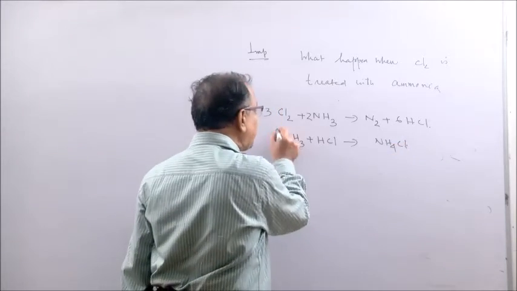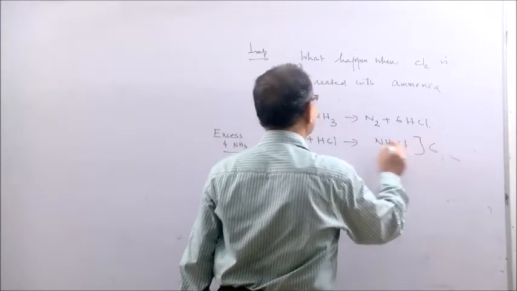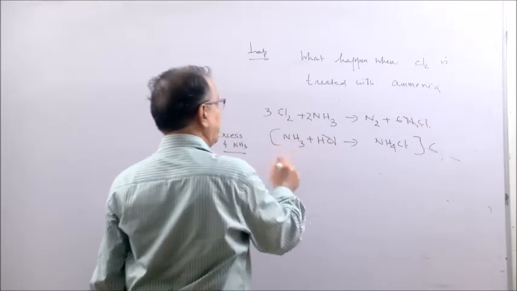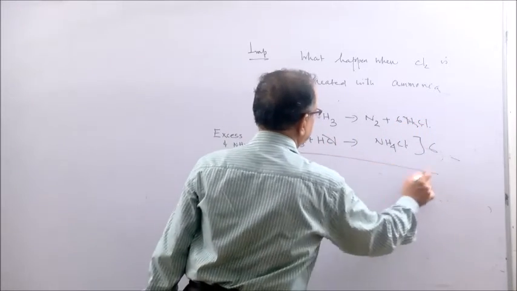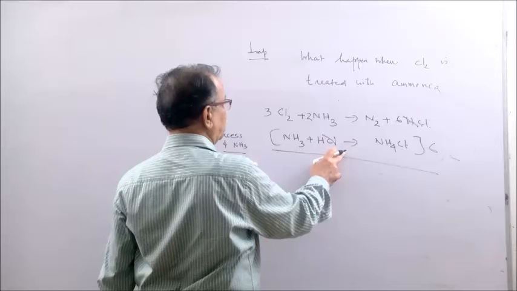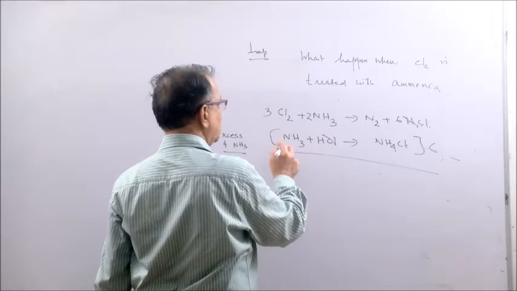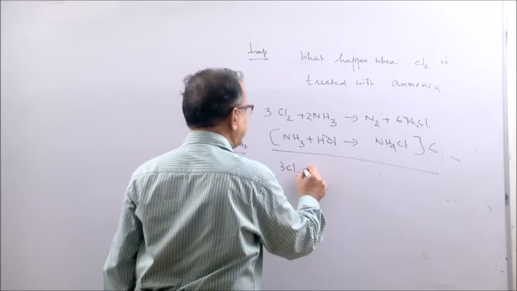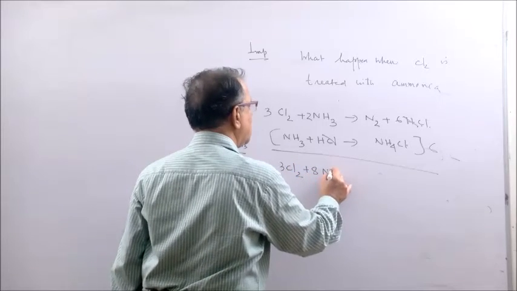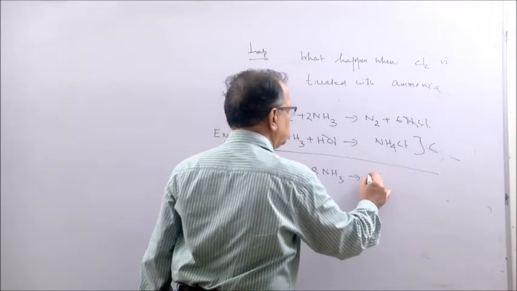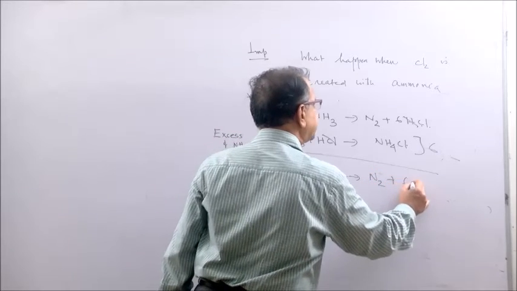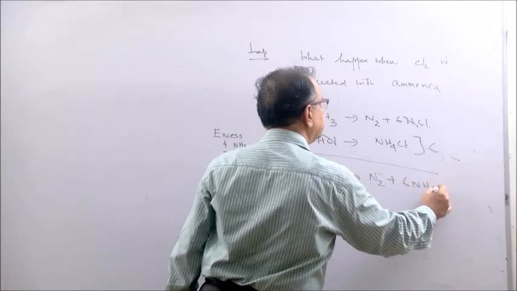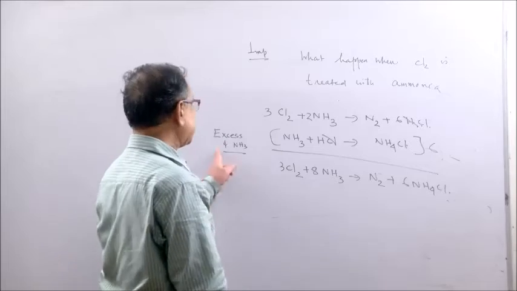So multiply by 6 and cancel. We will get 3 chlorine plus 8 NH3, we get N2 plus 6 NH4Cl. This is when there is excess of ammonia.